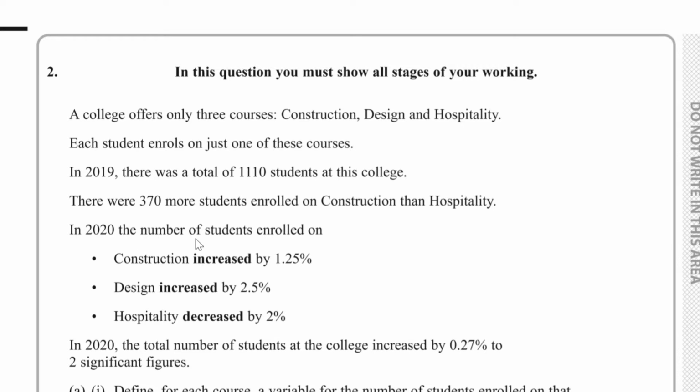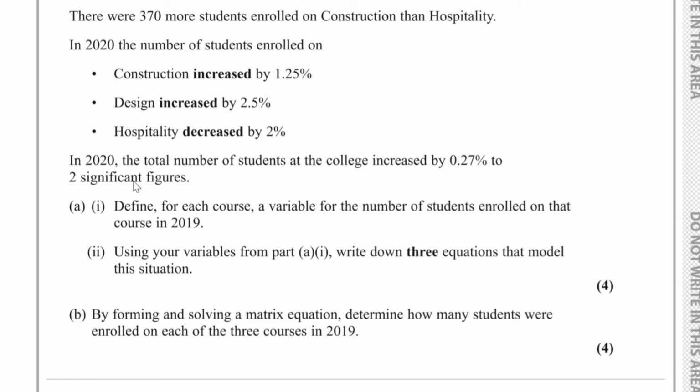In 2020, the number of students enrolled on construction increased by 1.25%, design increased by 2.5%, and hospitality decreased by 2%. In 2020, the total number of students at the college increased by 0.27% to two significant figures.